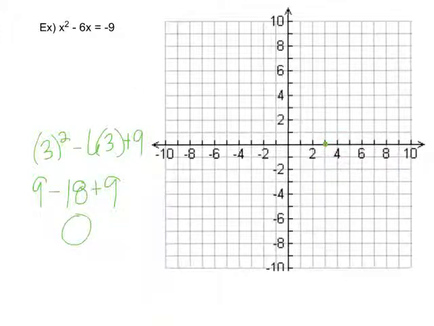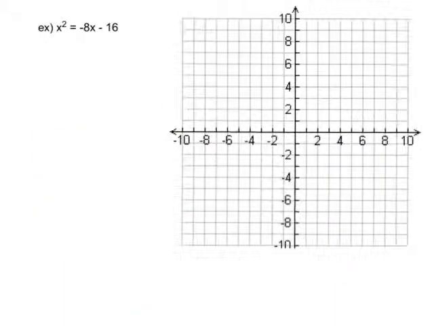So I'm going to have one unique solution here, and I can go ahead and say my solution is going to be (3, 0). That is the one root. I don't even need to graph the rest of the parabola because I see that it's automatically going to be on the x-axis. Go ahead and pause the video, and I want you to try this one on your own.